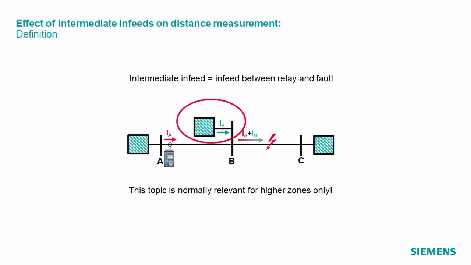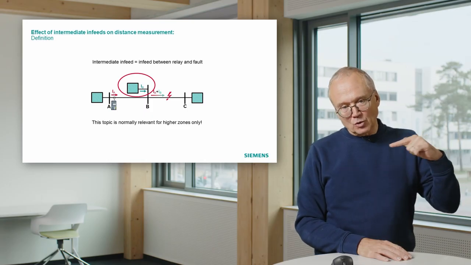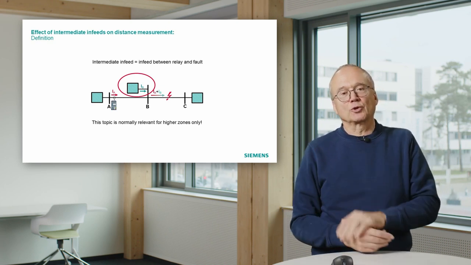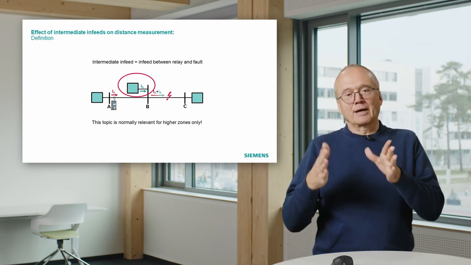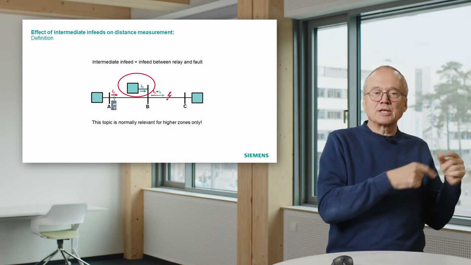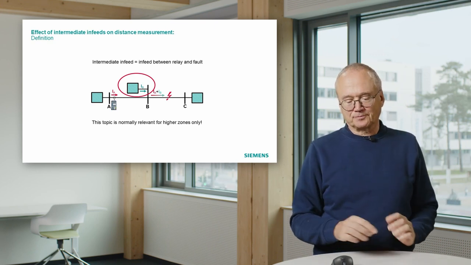And that also disturbs our measurement, because it injects, in this case, this blue current, which flows then also through this part of the faulty line to the short circuit. It generates a voltage drop there across this line, and this voltage is seen by our relay and it influences the measurement.